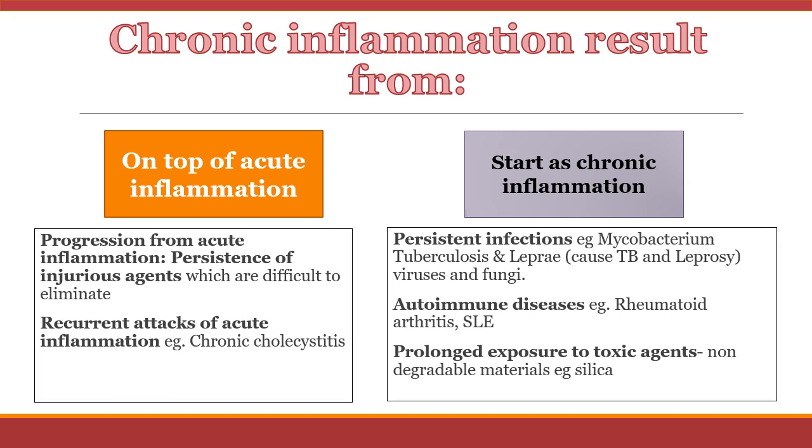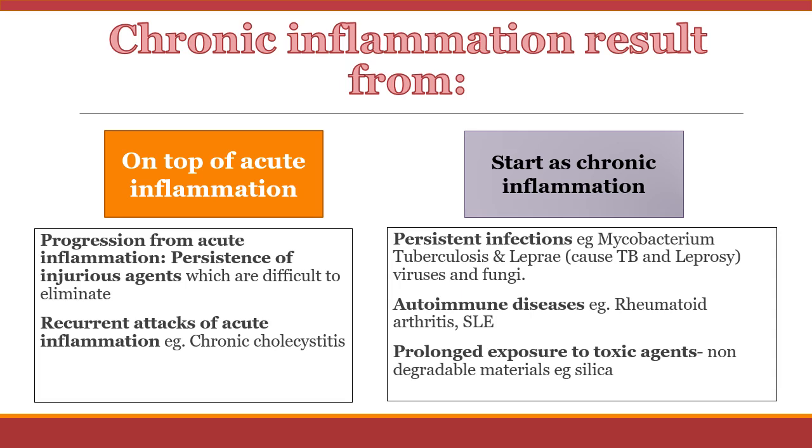In certain occupations there is exposure to silica, to asbestos, and to many other injurious agents for a long time, because this is a worker who is working in a factory and is exposed to this material every day. So this can lead to chronic inflammation also.